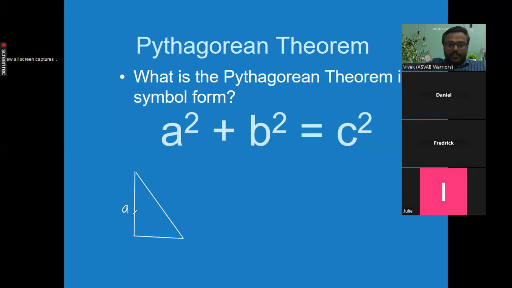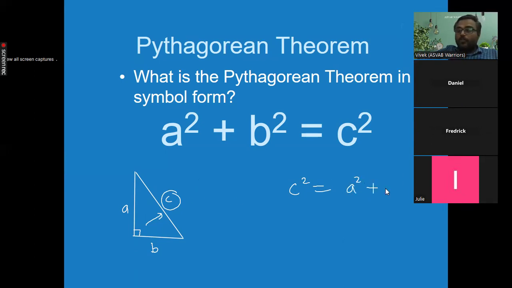So let's say this is A, this is B. Remember, the hypotenuse is always the longest side and it is always opposite to the right angle. So C squared will always be equal to the sum of the squares of the other two sides.